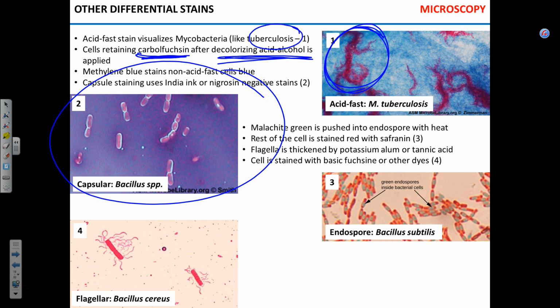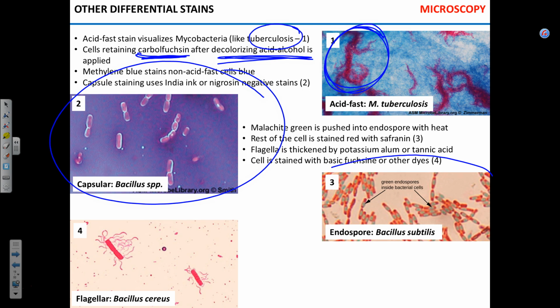What do you think? If the capsule protects them from the immune system, more, of course. In this case, capsule can be considered a virulence factor. Okay? It's important to know whether cells have or don't have a capsule. You see the logic? Okay.